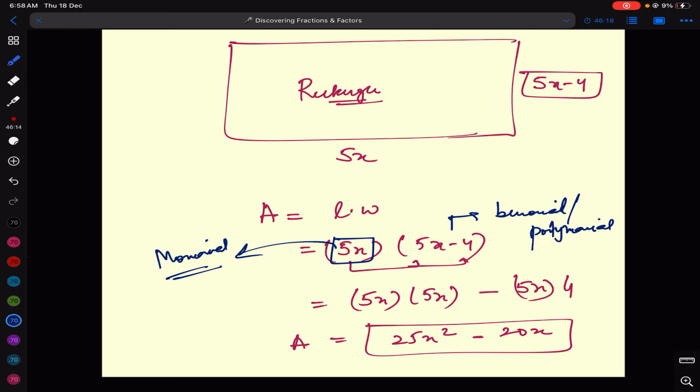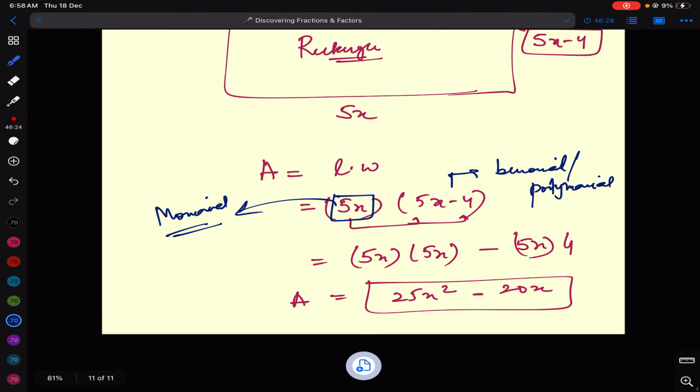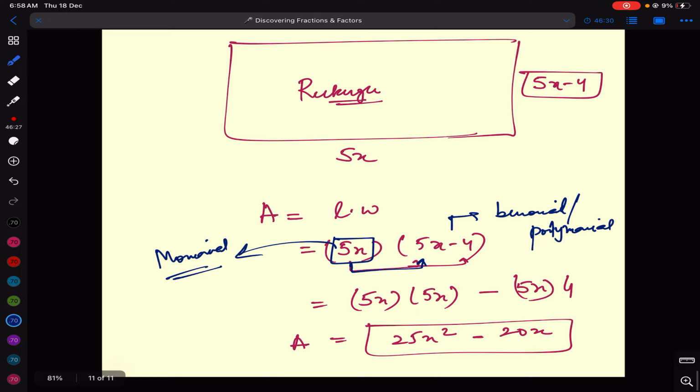So you are multiplying a monomial with a polynomial in this case, to be precise. And the product that we have got here is 25x square minus 20x. Now when we distributed 5x to each of them, this is from the distributive property, wherein the outer term was distributed to each of the inner terms.